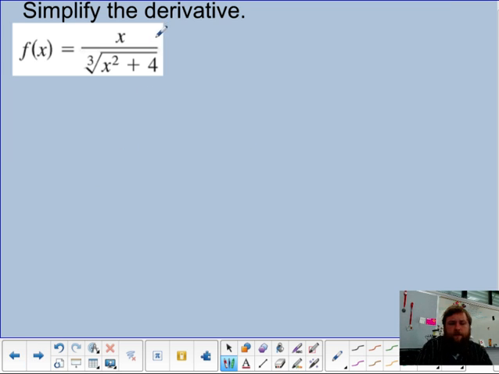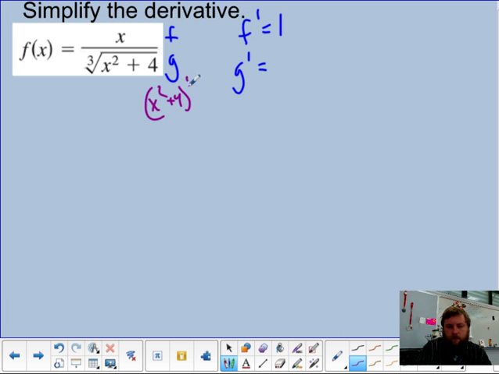Let's simplify this derivative here. I'm going to use the quotient rule. So if this is my f and g, my f prime is going to be 1. G prime, again, using the chain rule right here, this g is the same thing as x squared plus 4 to the 1/3 power.